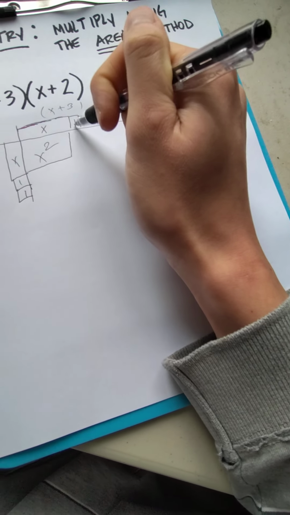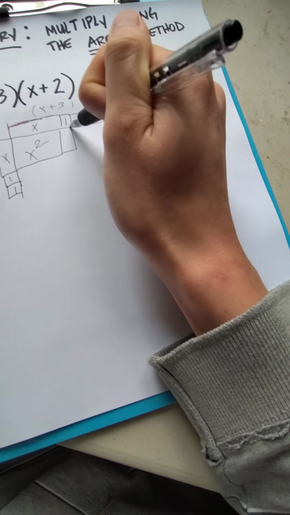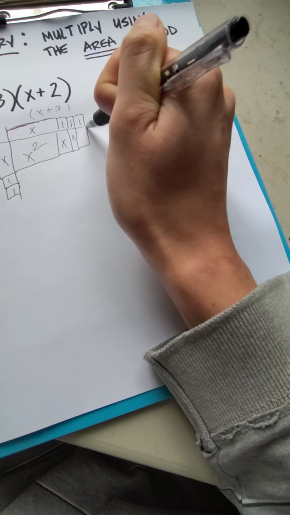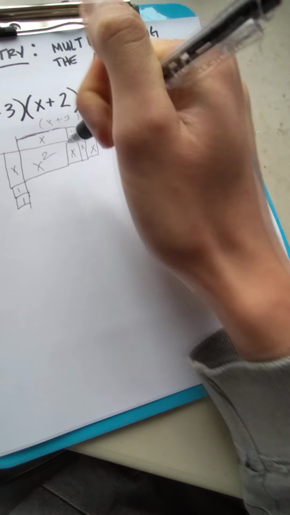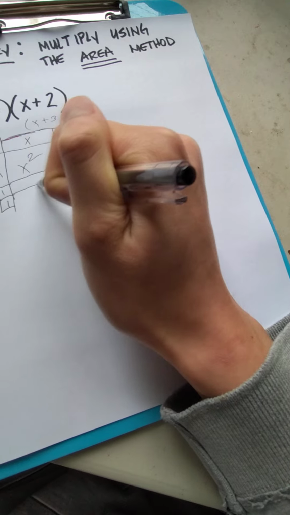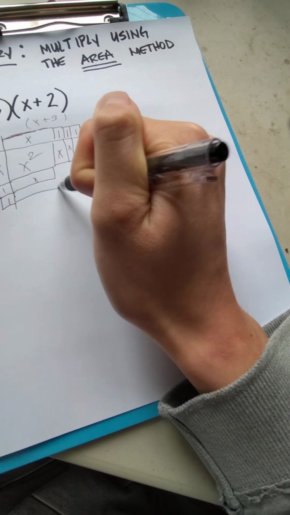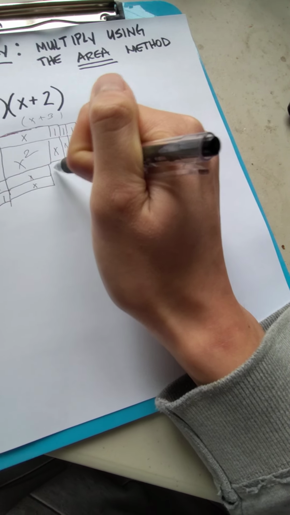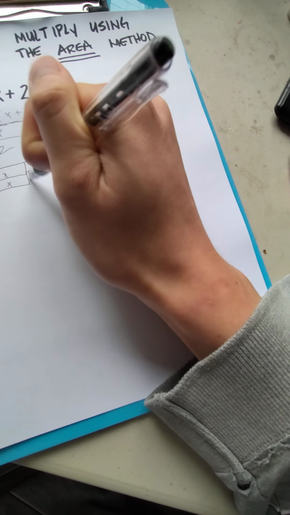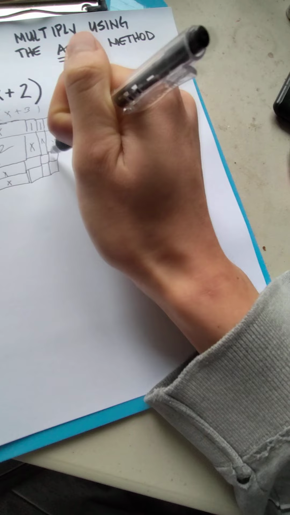X times 1 right here is going to be x, and x times 1 right here will be x, and then we can fill in the square, so it's 1, 2, 3, 4, 5, 6.